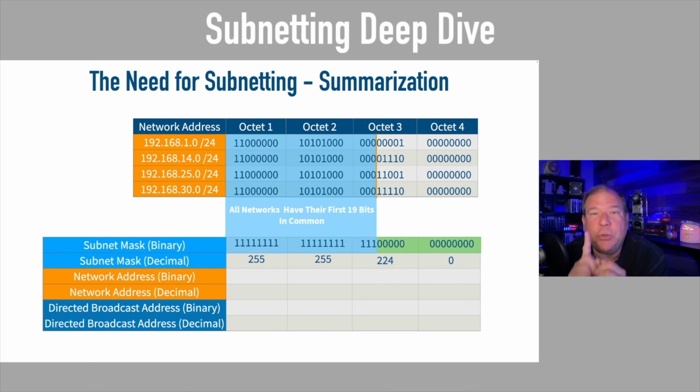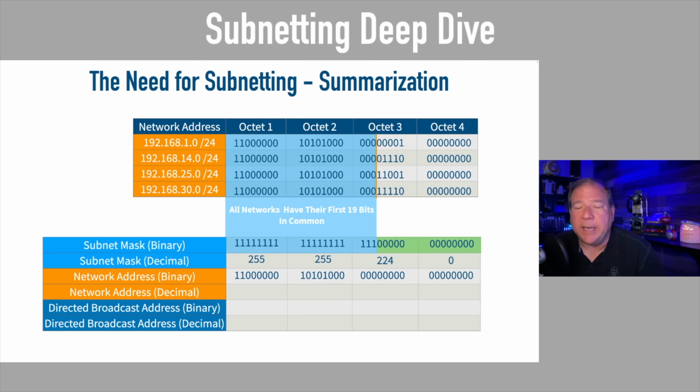Now, there are 2 addresses within a network I need you to understand. There's what sometimes people call the address of the wire, the address of the network itself, and there's something called a directed broadcast address. If I send a directed broadcast address into a subnet, it goes to everybody within that subnet.